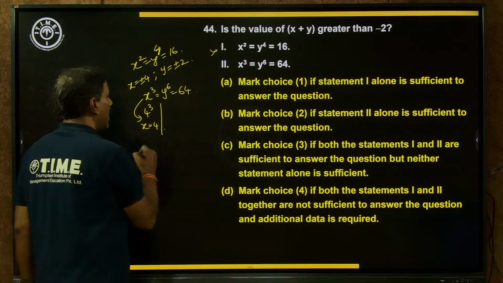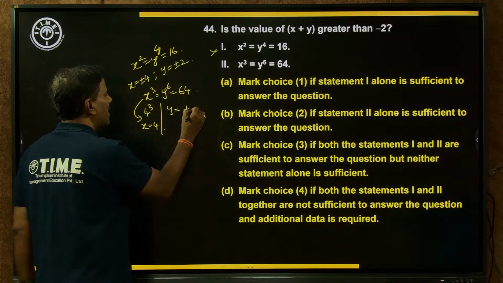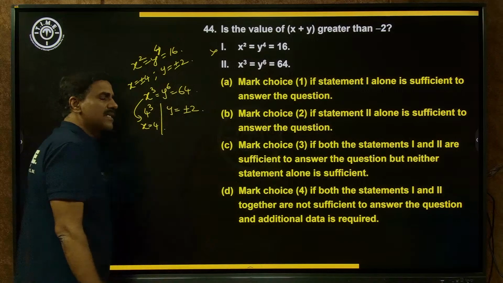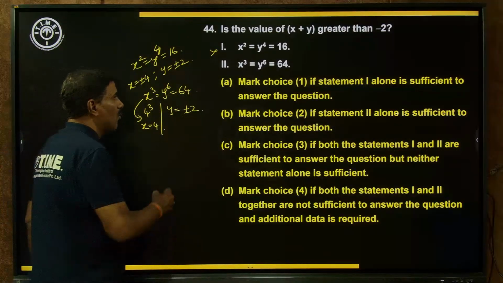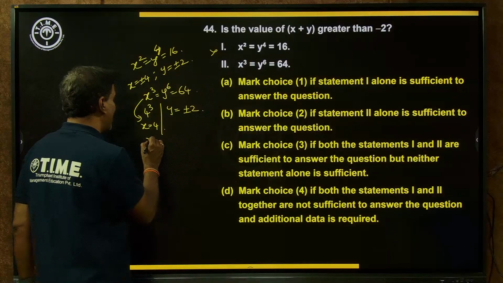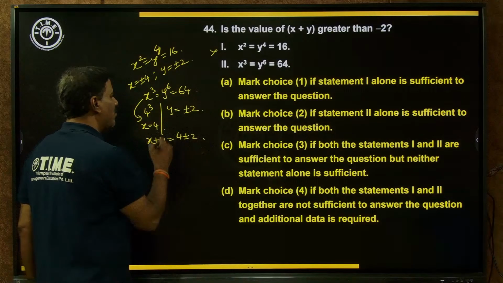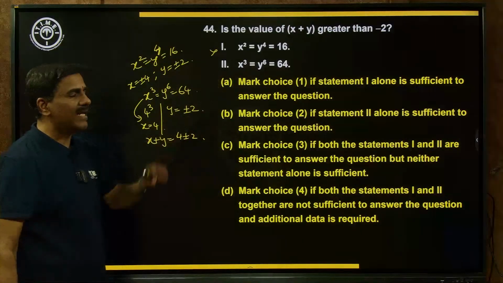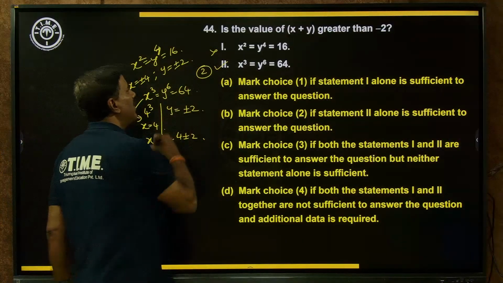Similarly y power 6, if it is 64, y is equal to plus or minus 2, because 2 power 6 is 64, and minus 2 whole power 6 also will be 64. So in any case, what is the value of x plus y? We can say 4 plus or minus 2. Whether we consider plus 2 or minus 2, in any case it will definitely be greater than minus 2. So the second statement alone is sufficient.